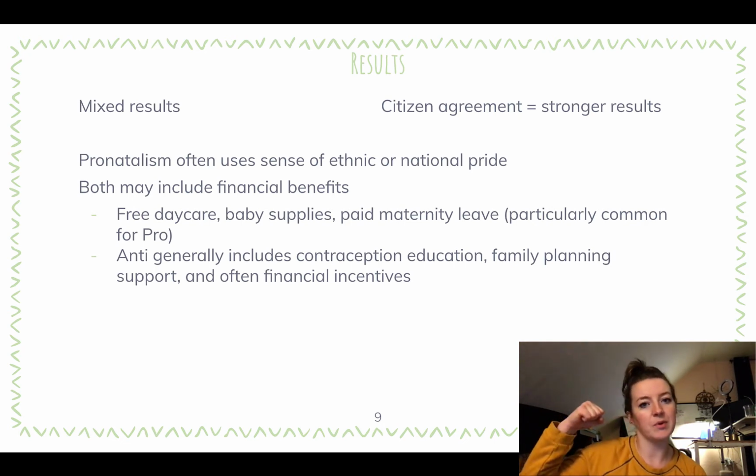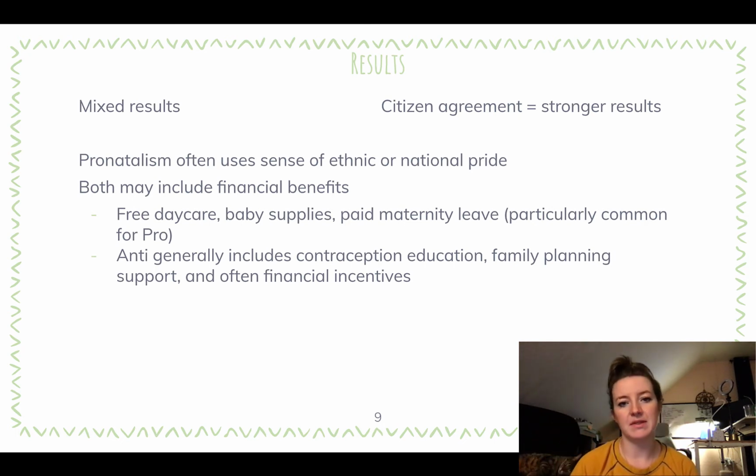You want more people who are like you to have babies. Both pro and antinatalist policies may include financial benefits. So you could get things like free daycare, baby supplies, paid maternity leave, particularly common for pronatalist policies. Antinatalist policies will generally include contraception education, family planning support, and often financial incentives. Don't have children, we'll give you more money.